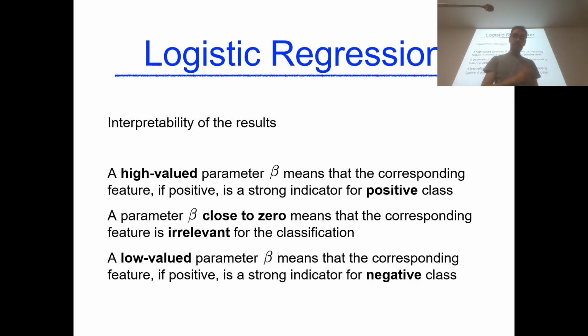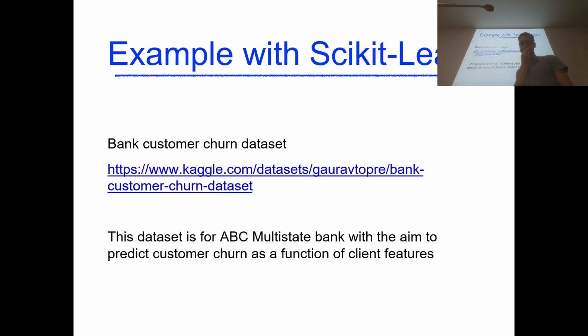Instead, if the parameter of a given feature in your dataset has a low value, it means that if the value of this feature is positive, then the class is negative. So it is an indirect correlation, if you want, between the value of the feature and the prediction.